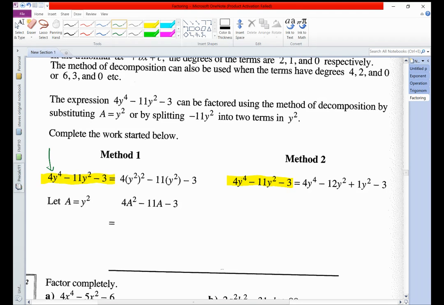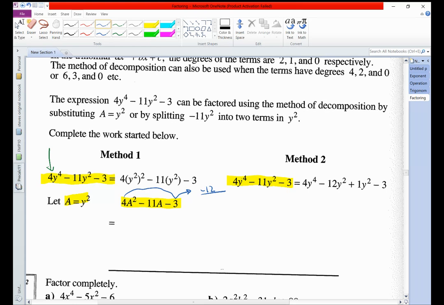You can do what we've been doing before and say, okay, well, we're going to let capital A equal y squared. So now I can rewrite this as 4a squared minus 11a minus 3. And now, just like we learned with decomp, I'm going to take 4 multiplied by -3, and I get -12.